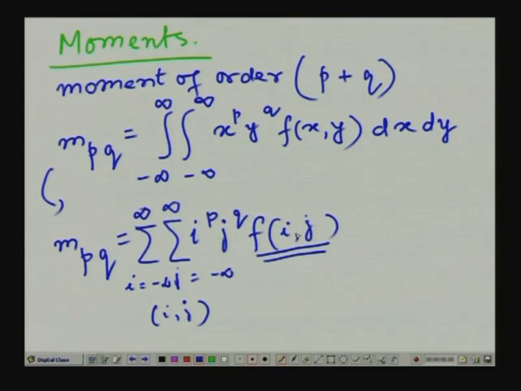Now, you find that the moment as it is defined in this particular case is not translation invariant. So, to make the moment translation invariant, what we take is what is called a central moment.